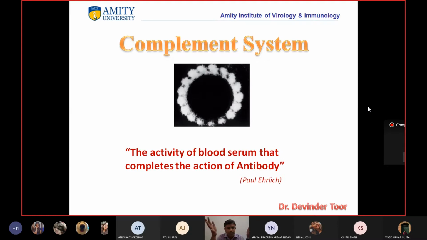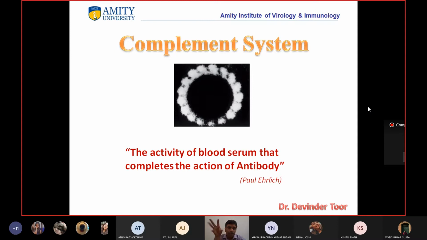The immune system's job is not just to catch the antigen, it also has to eliminate it, kill it. So if a pathogen has entered, it has to be captured by antibody and killed by the immune system. So the activity of blood serum that completes the action of antibody.